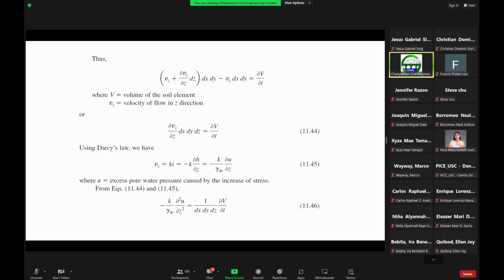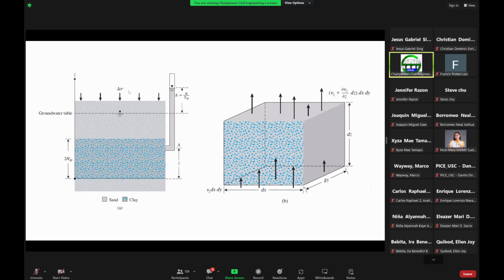The pressure head is just equal to the pore water pressure over the unit weight of water, that's the definition of pressure head, where u is the excess pore water pressure caused by this stress increase.